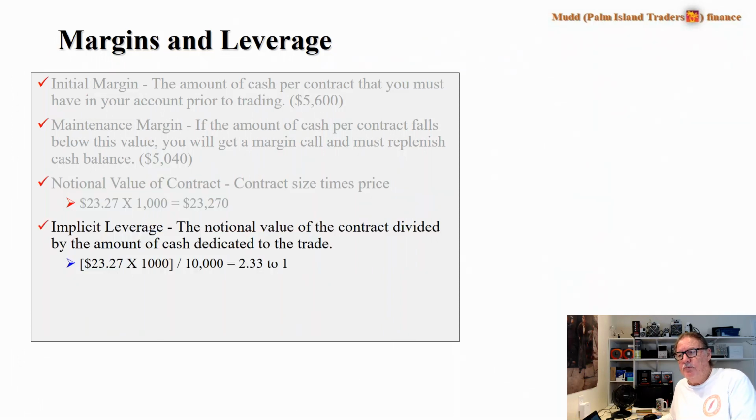Implicit leverage, which you can calculate, is the notional value of the contract divided by the amount of cash dedicated to the trade of that contract by you. Now, I used to list this as the notional value of the contract divided by the initial margin, but nobody actually runs cash that low in the account. You have to run cash in the account higher than that, or you're even required to run cash in the account higher than that if you're a small trader.